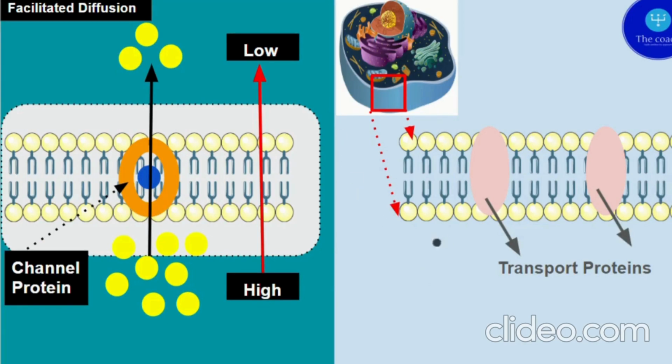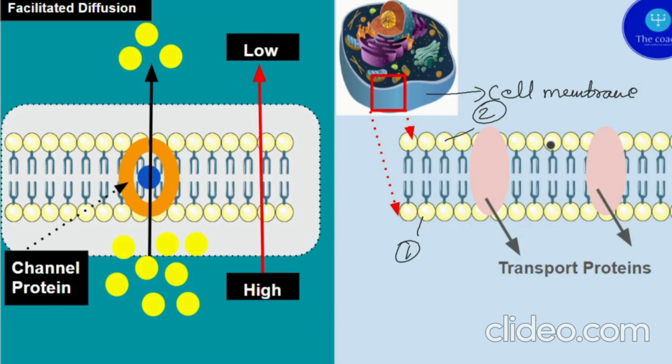Now, when you know the structure of the cell membrane, this is an animal cell and this is the cell membrane. Here you can see clearly it is made up of a bilipid layer, the first lipid layer and the second lipid layer, and in between we have transport proteins. In passive transport, molecules which are soluble in lipids can pass directly through the bilipid layer. But there are some molecules which are hydrophilic in nature.